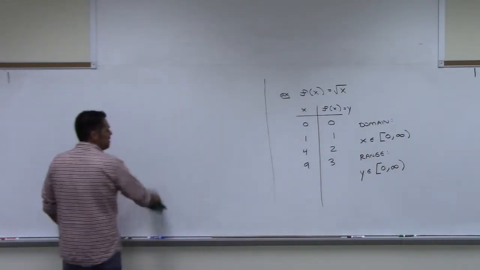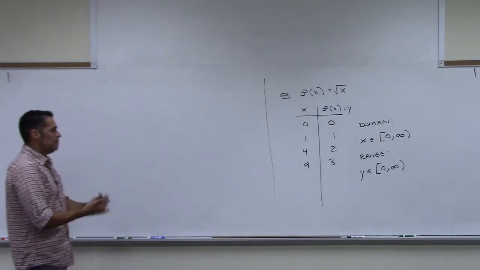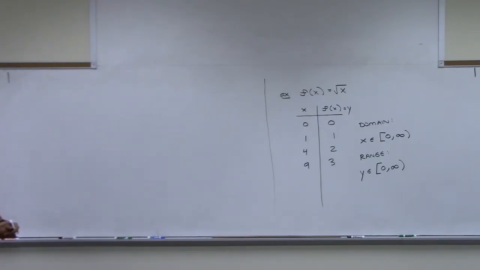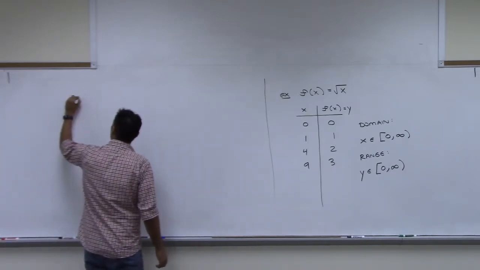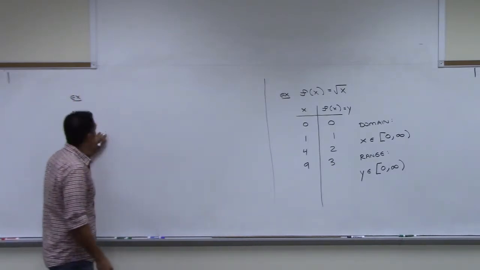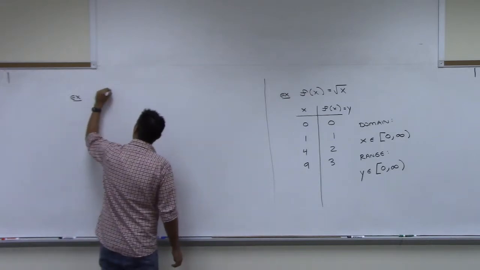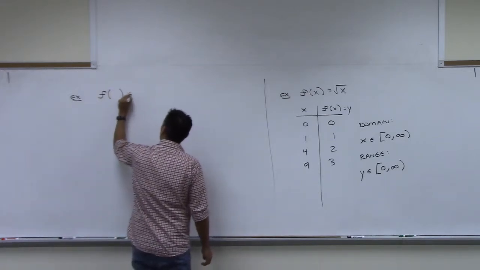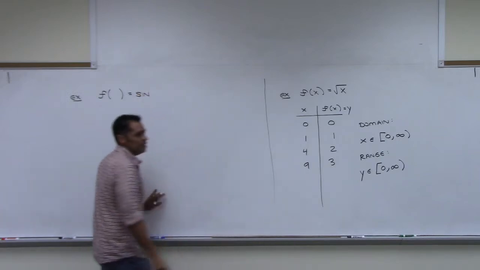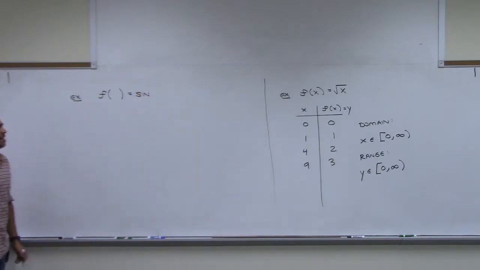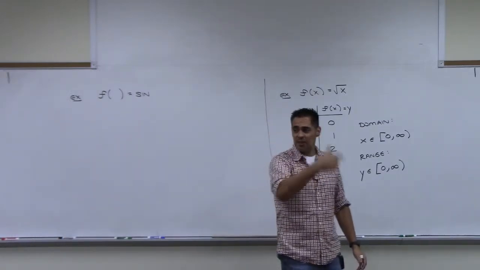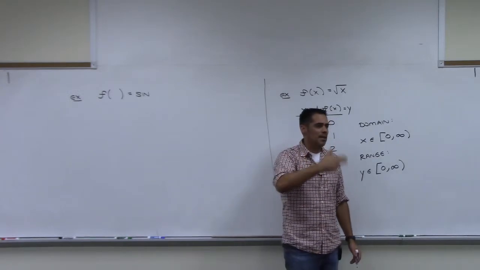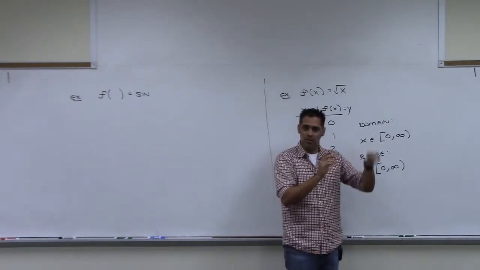All right, good. So we have this idea of functions. We have inputs and outputs, domain and range. And now let's talk about the sine function. I want to define a function where it has an input, and I want the output to be sine. Now, I don't want to put sine of x, because the way we're defining sine is by figuring out the x and y coordinates off that unit circle.